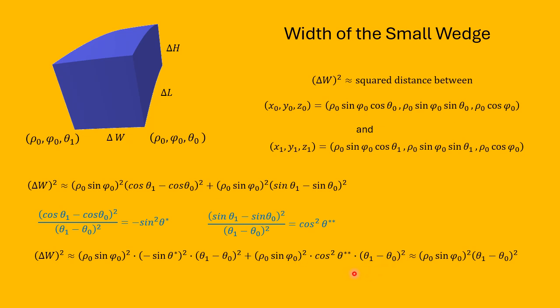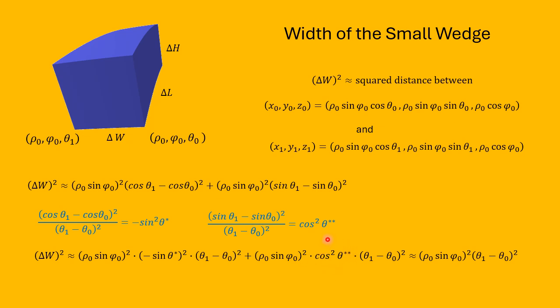And if you look at this for a minute, you can see that we basically have here in this term a sine squared of theta star plus, right here, a cosine squared of theta double star.